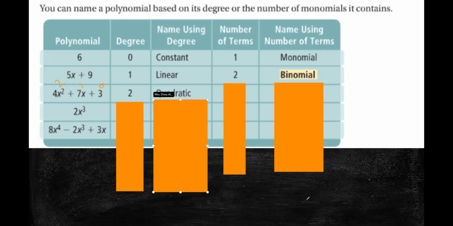How many terms? Now you have to know that we can name the expression in two ways. The first is by its degree, and the second is by its number of terms.